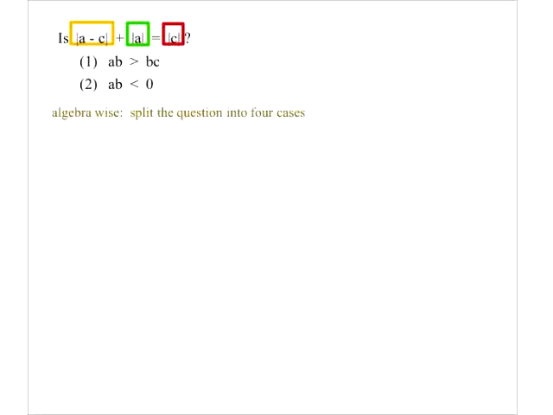Algebra-wise, it's really not fun, but you can do it. What you have to do if you want to do algebra here is split the question into 4 cases. So the first case is A is less than or equal to 0, and, you have to split it up according to the signs of A and C. I'll give you the basic outline for how this works without spending too much time.